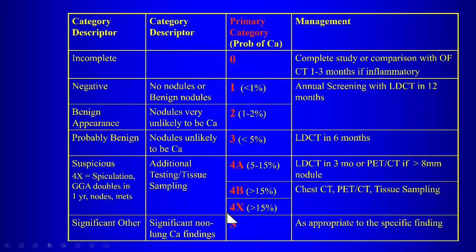Another thing you need to be aware of is the S suffix that you can also add to your score. So remember that we're not just looking at the lungs, we're also looking at all kinds of other stuff. So you add the S suffix if there is a significant non-lung cancer finding on your scan. So let's say the patient has no nodules at all, right?